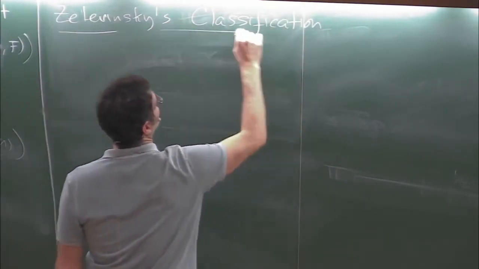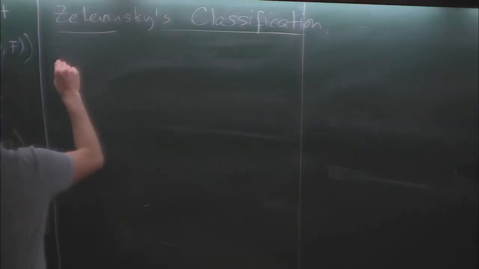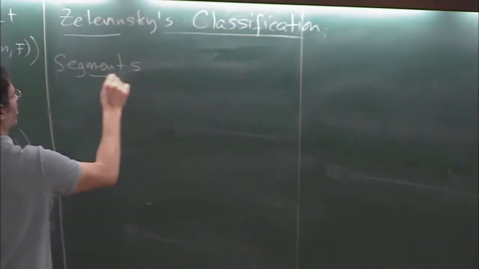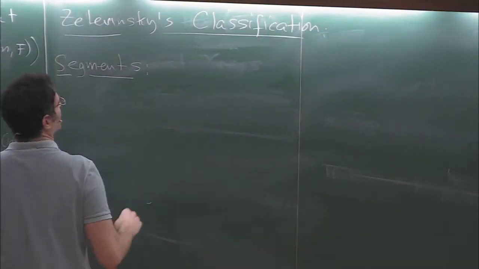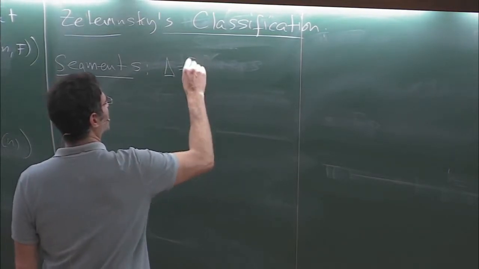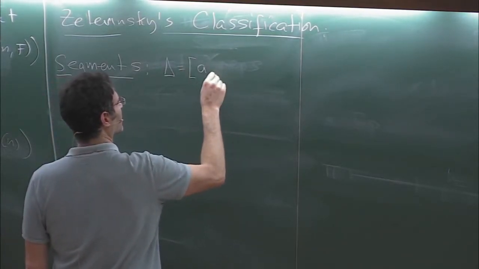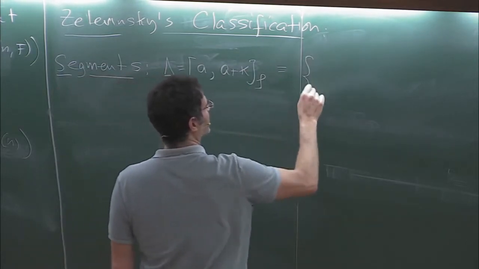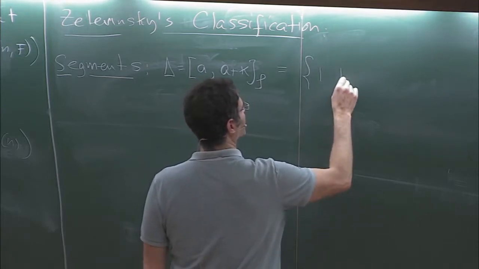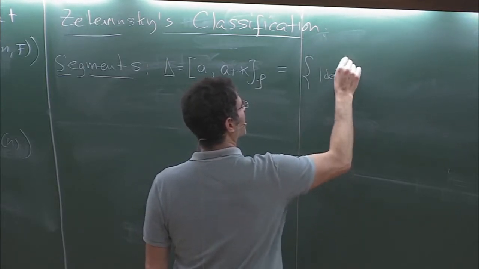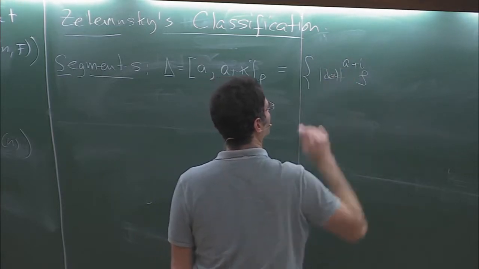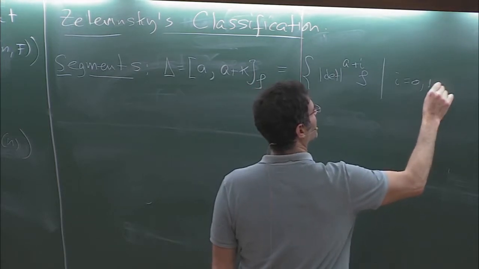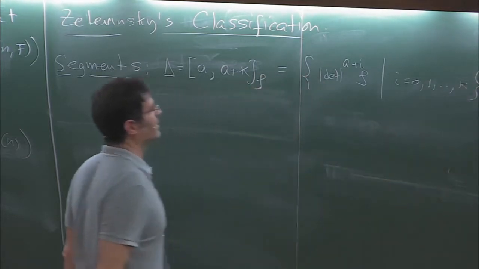Okay, so first of all, I'll introduce the notion of segments, which again we've heard about yesterday. A segment will be a set, I'll denote like this. It's a set of cuspidal representations. It's the twists by powers a plus i of a given cuspidal representation rho, where i is between 0 and k.